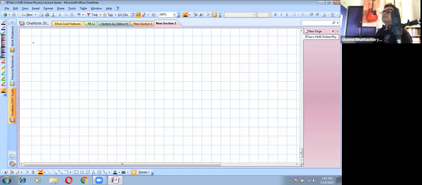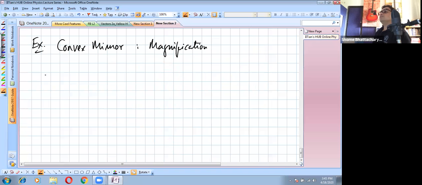So anyway, now let us look at an example of a convex mirror and understand magnification in that. First of all, I will briefly look at the ray diagram guidelines, ray tracing in the context of the convex mirror.